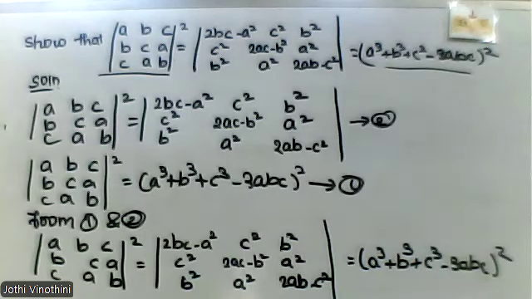Right? What did we do? Initially, we took the determinant alone and found the determinant by expanding along column 1, and we squared it. That's how we got equation number 1.